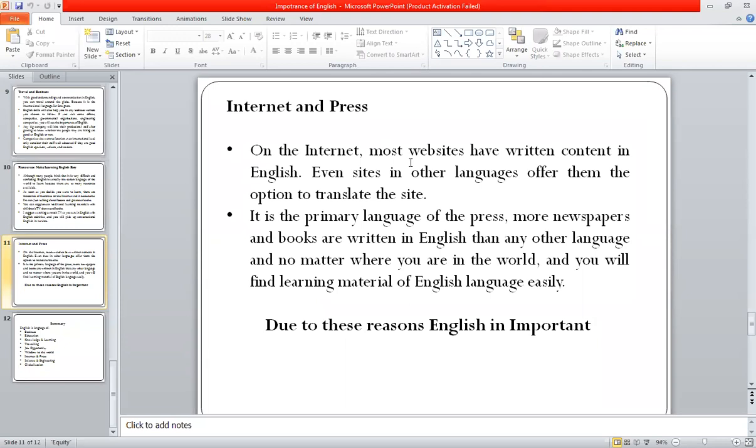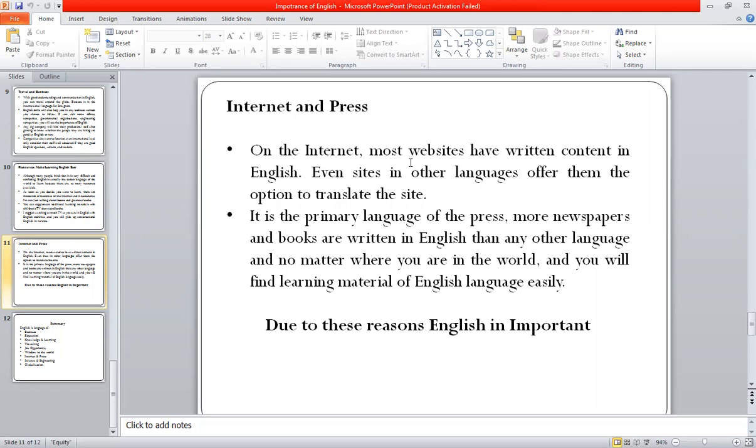So the internet is a very important source for learning this language, for implementing this language on a daily basis.